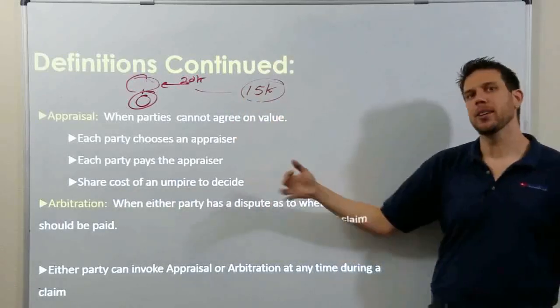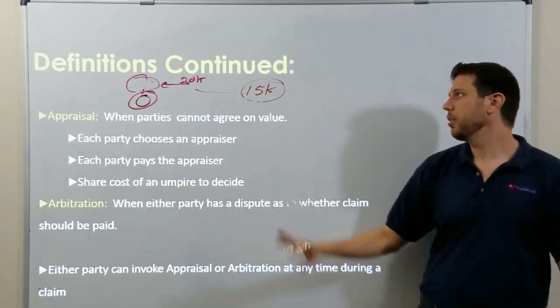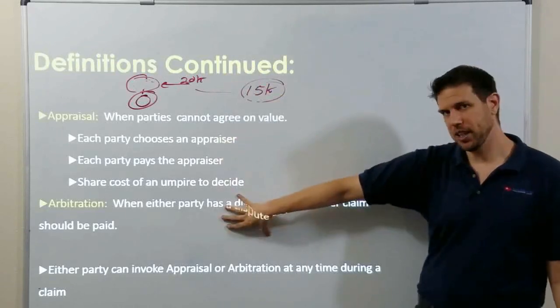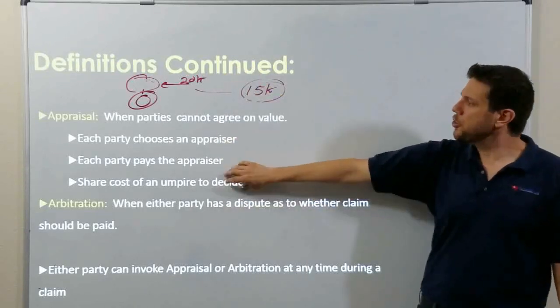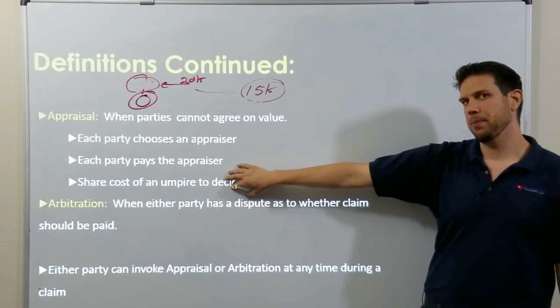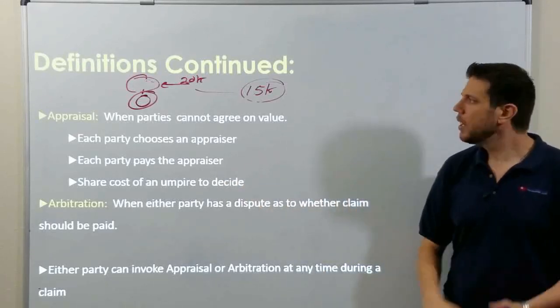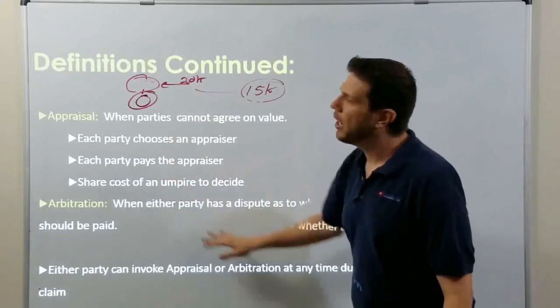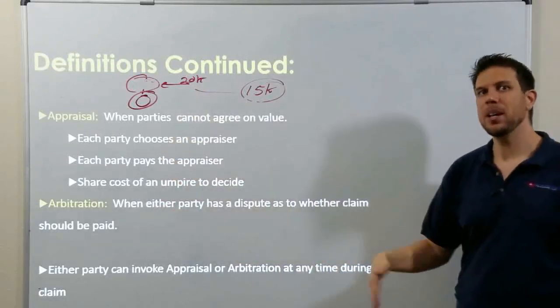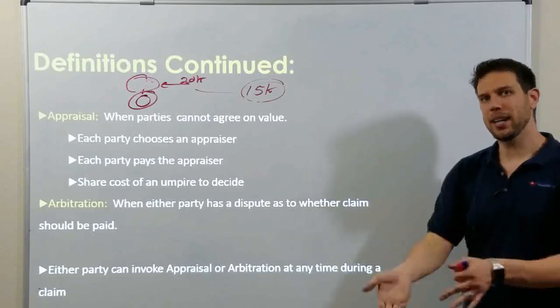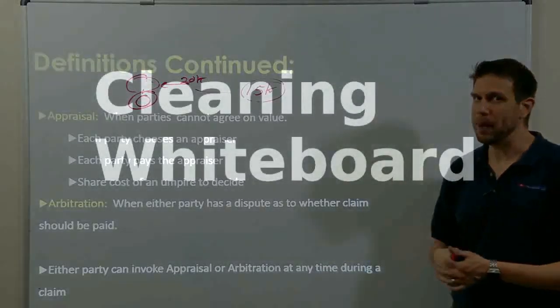An umpire makes the final decision, how much it's covered for or whether or not there's coverage. You share the costs of an umpire because that's the one mediating, determining the difference. Appraisal and arbitration help keep things out of the court system. That way you can get it kind of streamlined instead of having to go through a lengthy court battle.